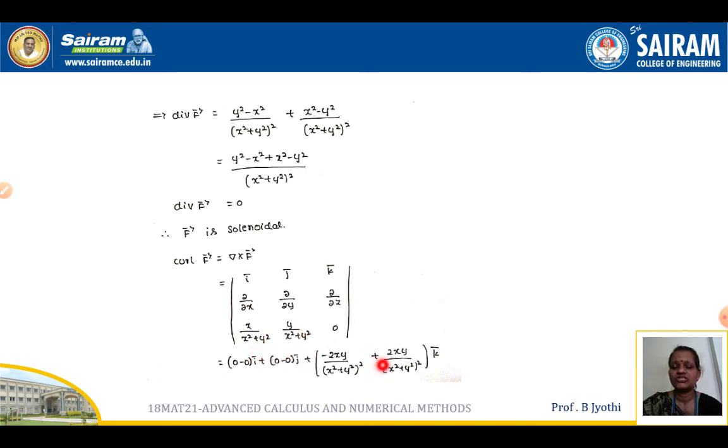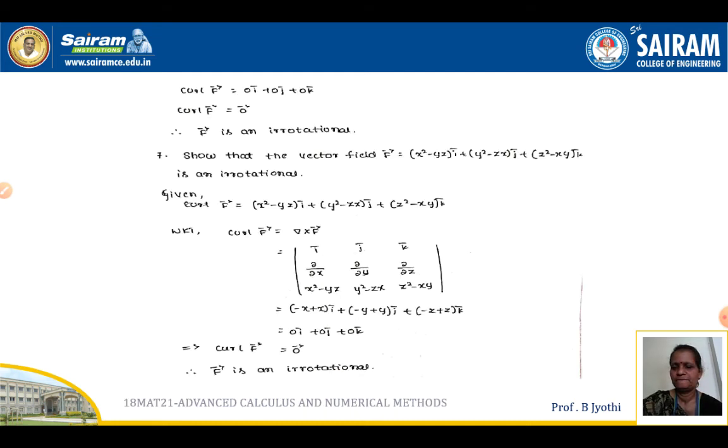On simplification, i times of this, 0, minus j times of 0, plus k times of this, we get it. Of course this also will be 0 because 2xy minus 2xy will be equal to 0. So curl f is equal to 0, and it shows that f is irrotational.